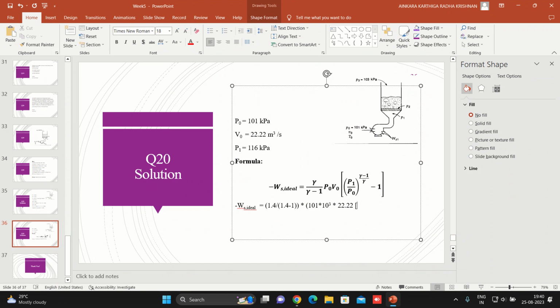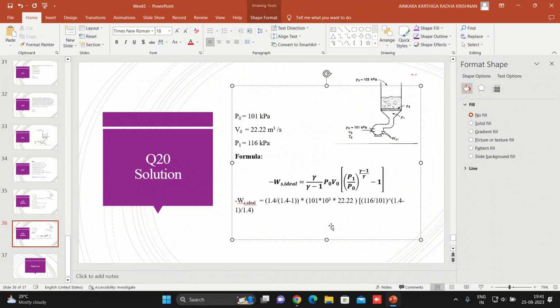And then we are having 116 by 101 to the power 1.4 minus 1 divided by 1.4, minus 1.